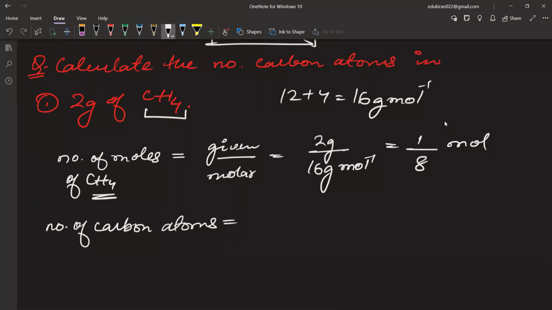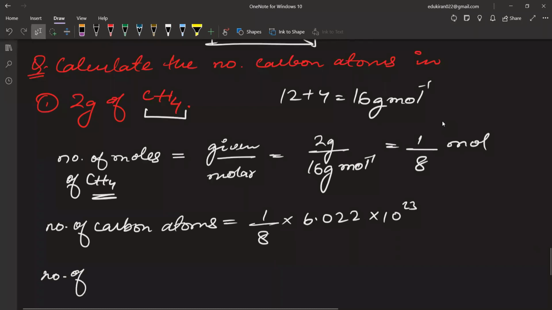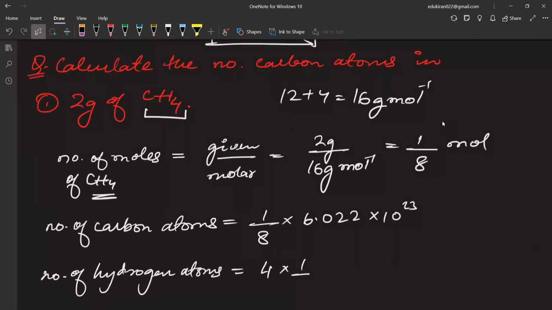Fair. So number of carbon atoms will be equal to how much? We have 1 carbon atom here. So we'll have 1 by 8 into 6.022 into 10 to the power 23. Now if I will ask you number of hydrogen atoms, then you will write this as 4 into 1 by 8 into 6.022 into 10 to the power 23.